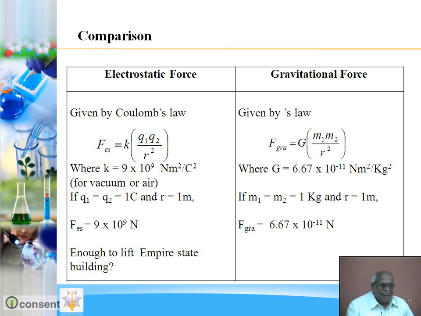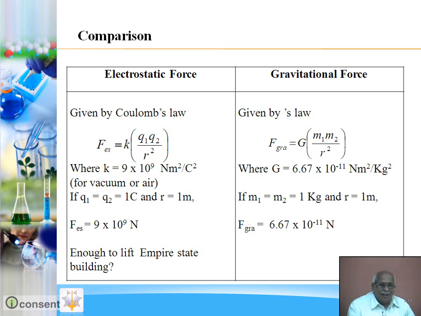At once, you can understand that electrostatic force is much greater in magnitude than the gravitational force. For example, if you imagine two charges, each 1 coulomb, Q1 equal to Q2 equal to 1 coulomb, and imagine that they are separated by 1 meter distance.